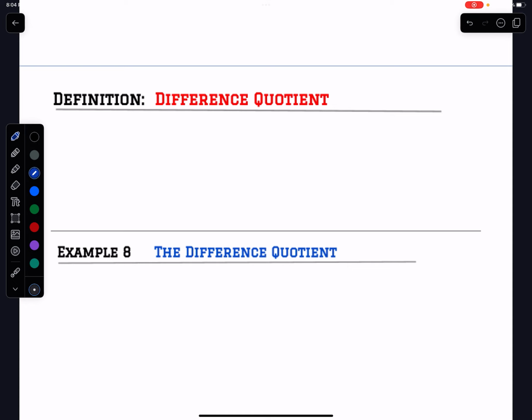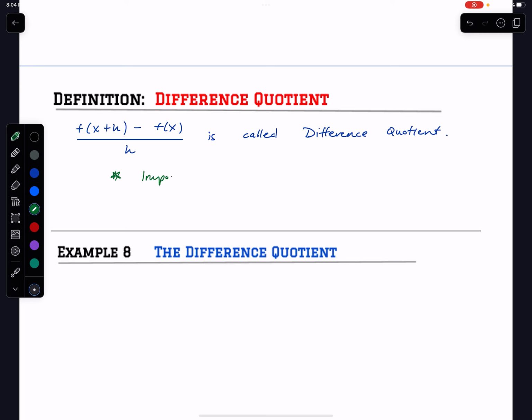So difference quotient is a ratio, which is f of x plus h minus f of x all over h, is called the difference quotient. And just put a star next to this. Important idea in calculus.